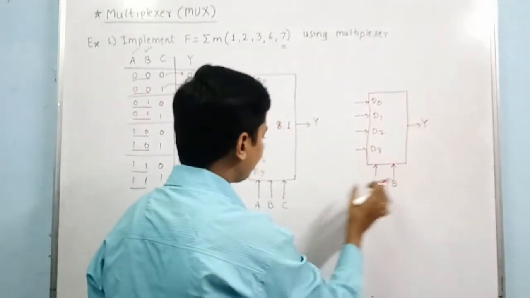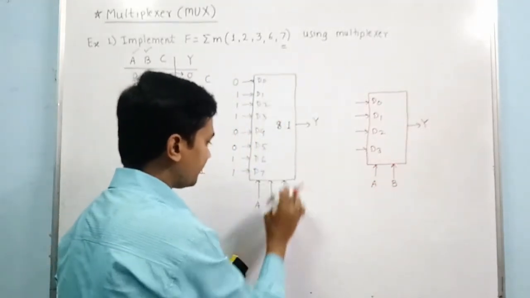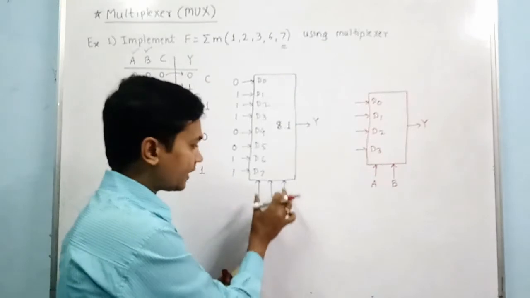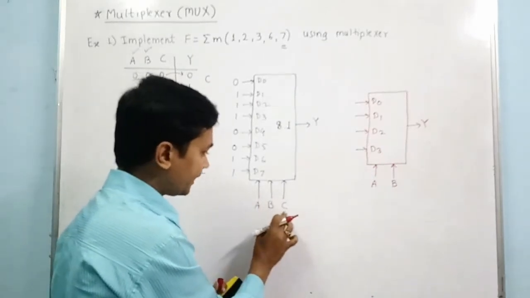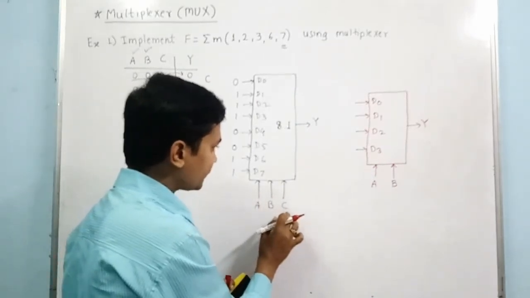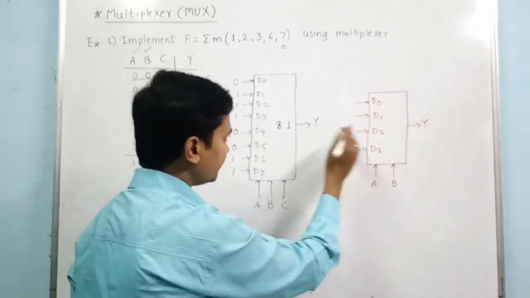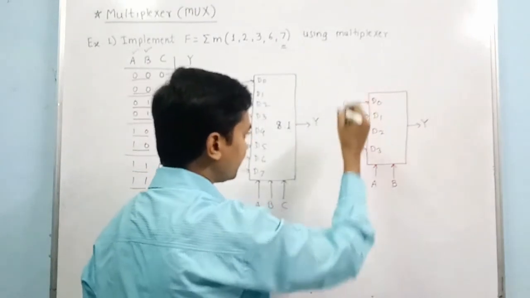So instead of writing in the 8:1 multiplexer, we are having 3 select lines. So whatever state of C, that status should be transferred to the Y line. So here I will write C variable.